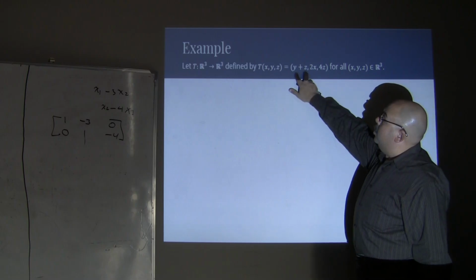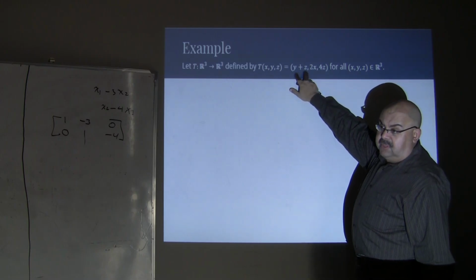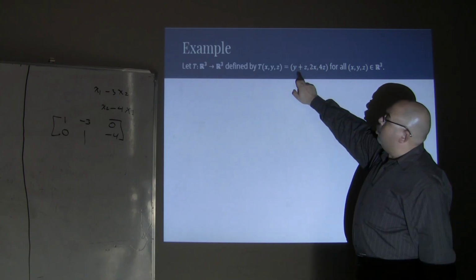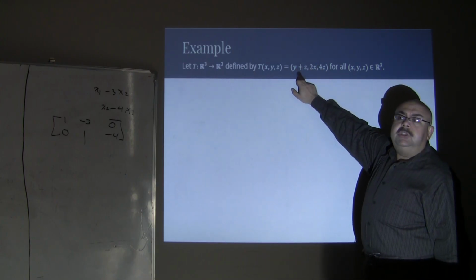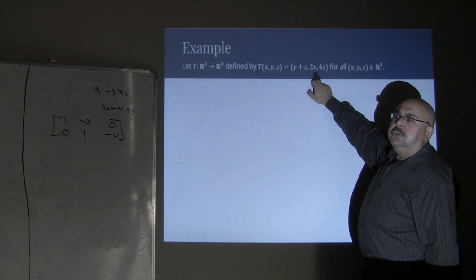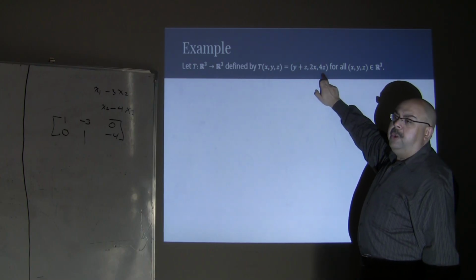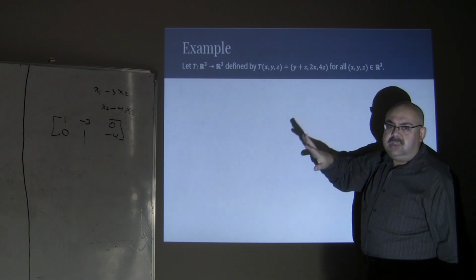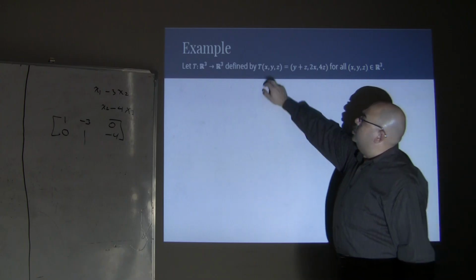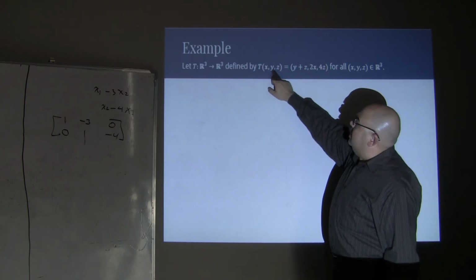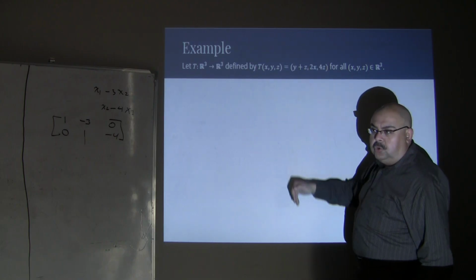So from the components, I can write the transformation matrix just like that. The first row, anyone to tell me the first row? 0, 1, 1. The second row will be 2, 0, 0. The third row will be 0, 0, 4. This is by rows, and by columns it is going to be the same. Or I can use (1, 0, 0) and it will give you the first column, (0, 1, 0) will give you the second column, and so on.